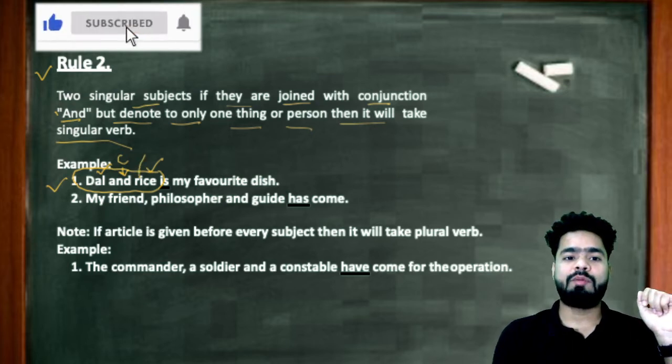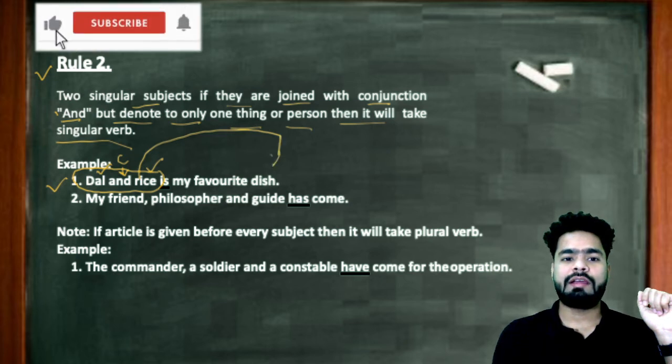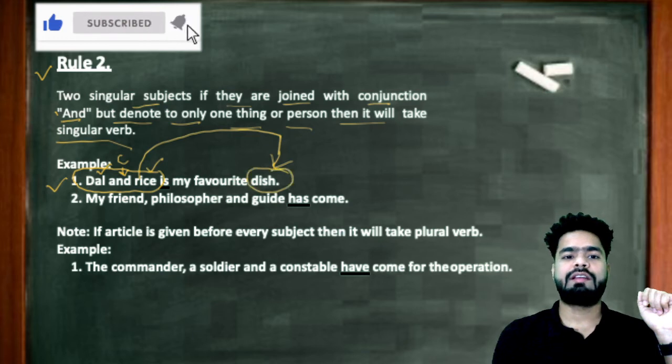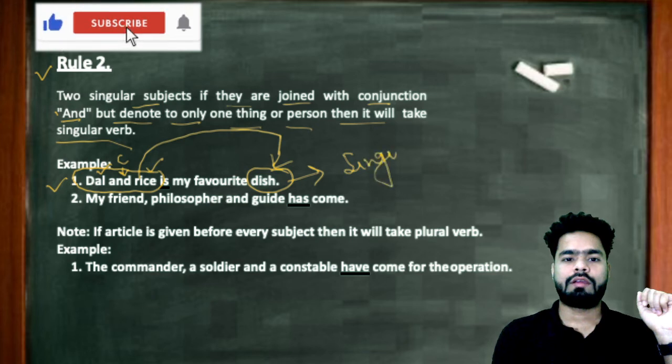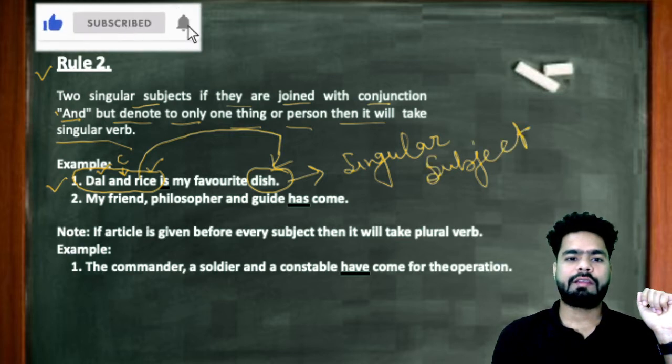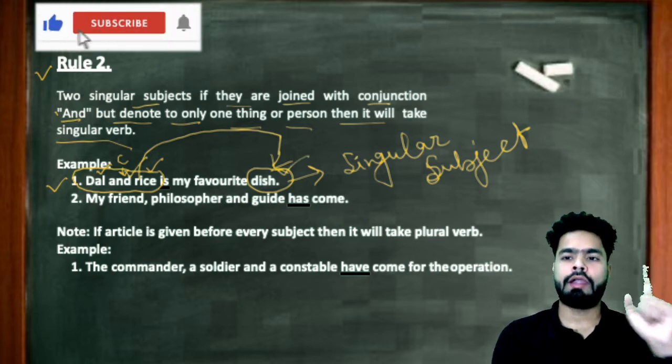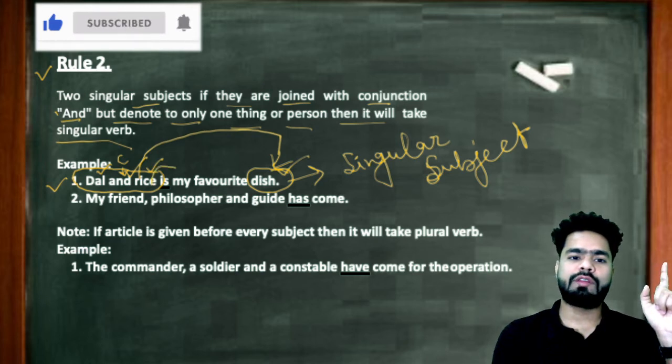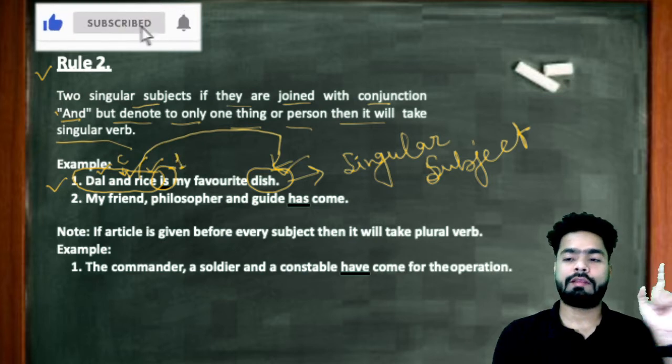Because dal and rice together are making a dish, and dish is the singular subject. So our subject is not dal and rice. Our subject is dish, and dish is singular, so we will use a singular verb, that is is here. Is it clear? This is rule number 2.